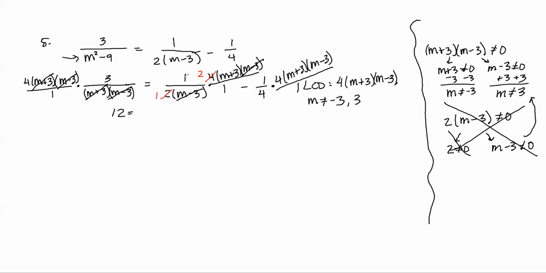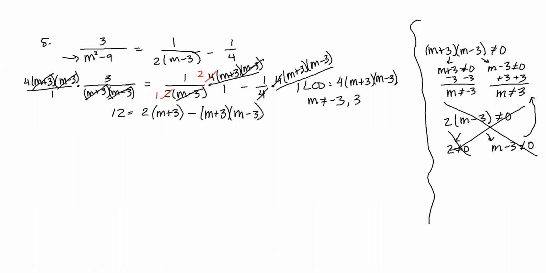On the top, we have 1 times 2, which is 2, times m plus 3, so parentheses m plus 3, minus, I'm bringing down this minus sign here. Our 4's cancel, and that is it. So we still have m plus 3 times m minus 3, and I am going to bring this down here. And this is one, whoops, where you have to be careful with this minus sign.